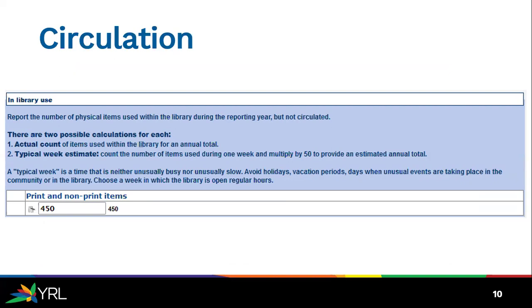If you don't, or are unsure if you do or not, you can count up the number of in-house items used over 1 week, and then you multiply that number by 50, and that gives you an estimate. And PLSB is perfectly happy with that method.